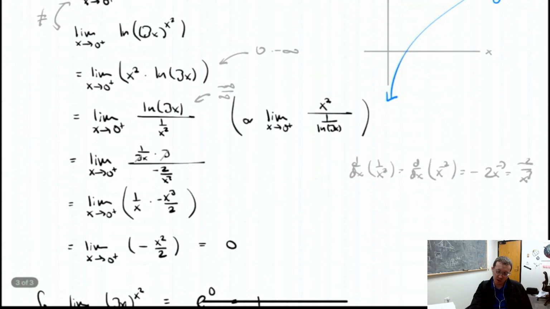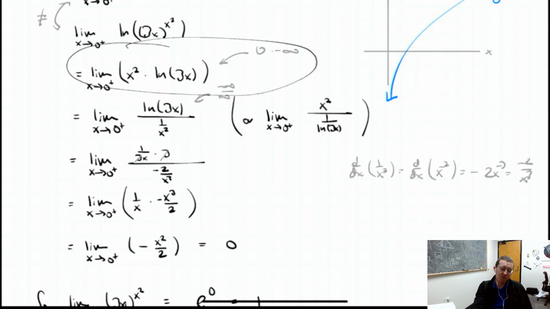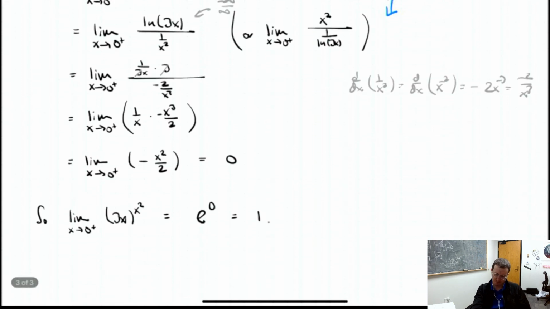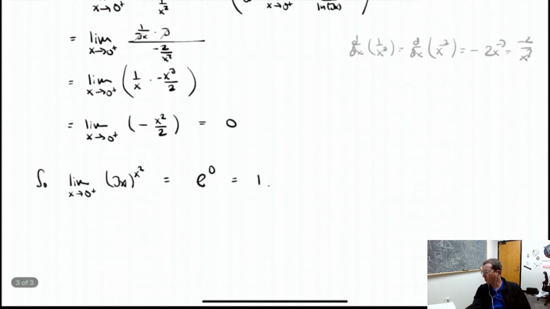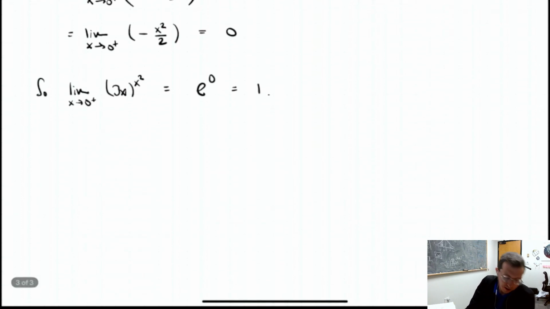And it also shows us how to handle a 0 times infinity indeterminate form. I think I'm going to do one more example because I saw a really cool looking problem that I can't resist, but then I think we'll wrap up.